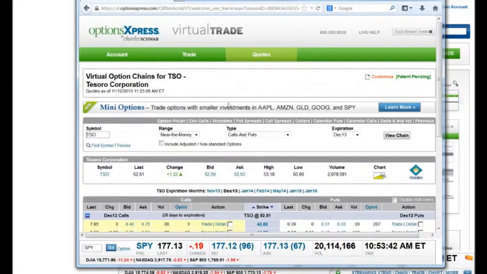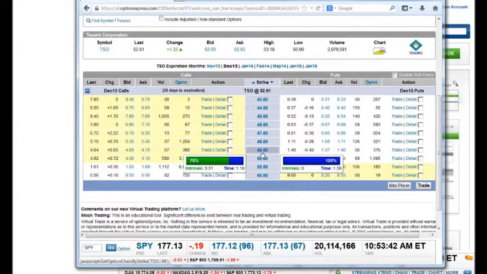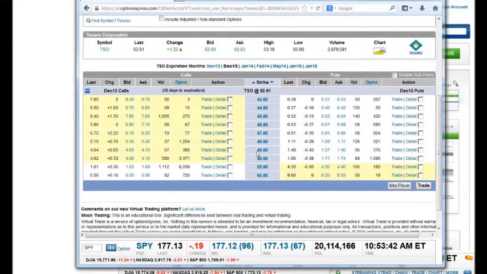So now we're going to be looking at December. So let's just say that we sent out that we bought 10 contracts at the $49 strike price. So you're going to get an email from us and it will say something like buying 10 contracts Tesoro, the $49 strike for December, and we're paying $475.